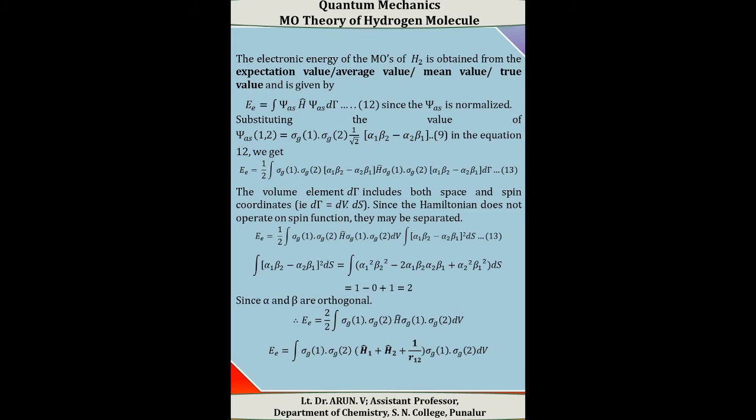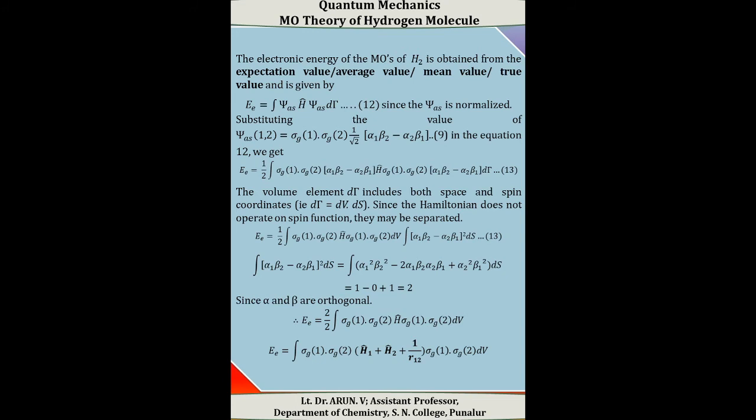Therefore, E equals 1 by 2 integral of sigma g1 sigma g2 H-cap sigma g1 sigma g2 dv, into the integral of (alpha 1 beta 2 minus alpha 2 beta 1) whole square ds. The value of this spin integral is 2, since alpha and beta are orthogonal.